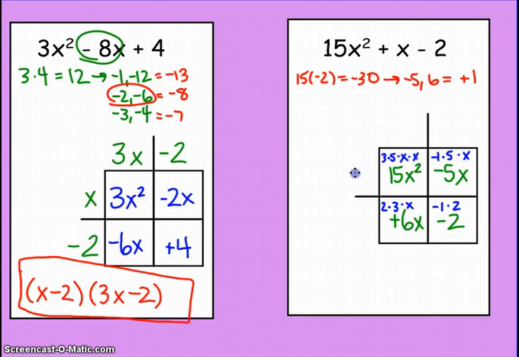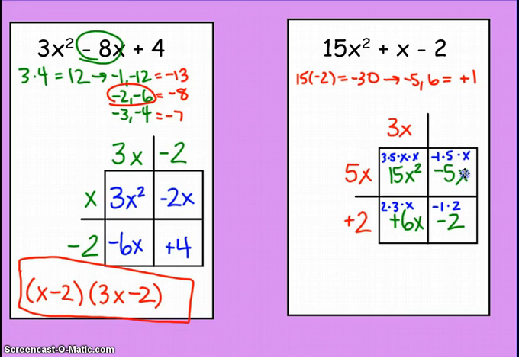Taking a look at this row right here, I share a 5 and an x, so 5x belongs here. I share a 2, so the plus 2 goes here in this row. Now looking down my column, I share a 3 and an x, so there's a 3x here.